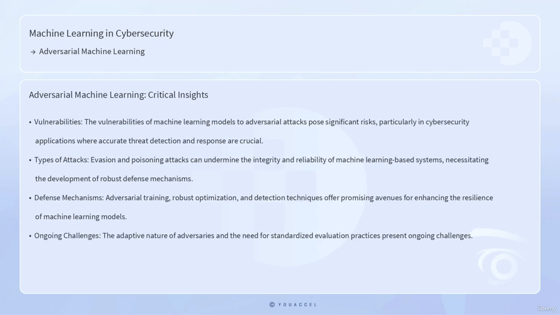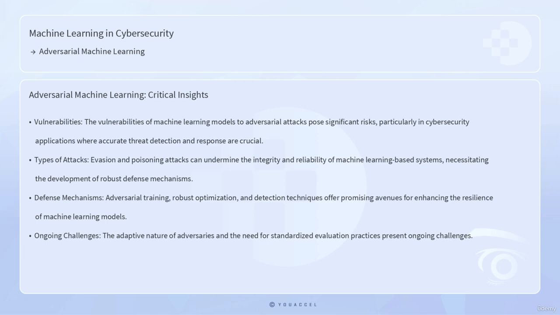In conclusion, adversarial machine learning represents a critical area of research at the intersection of artificial intelligence and cybersecurity. The vulnerabilities of machine learning models to adversarial attacks pose significant risks, particularly in cybersecurity applications where accurate threat detection and response are crucial. Evasion and poisoning attacks can undermine the integrity and reliability of machine learning-based systems, necessitating the development of robust defense mechanisms.